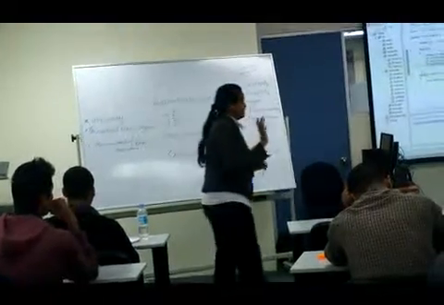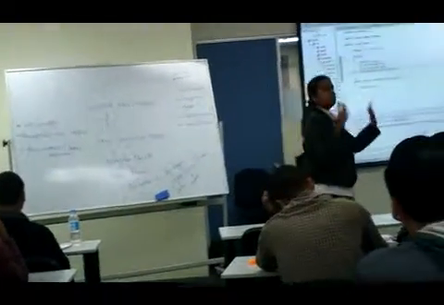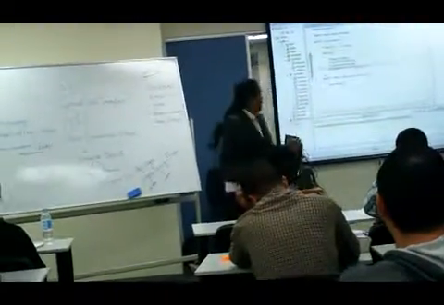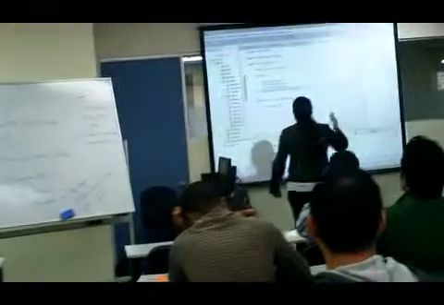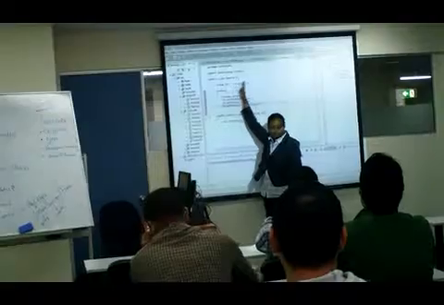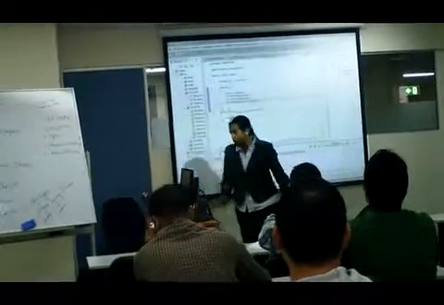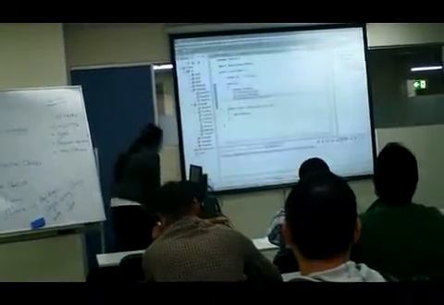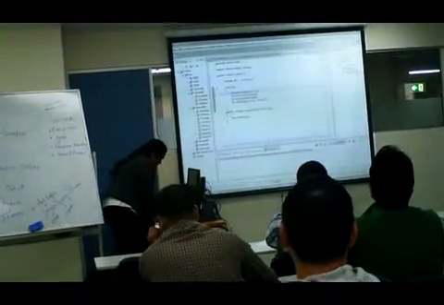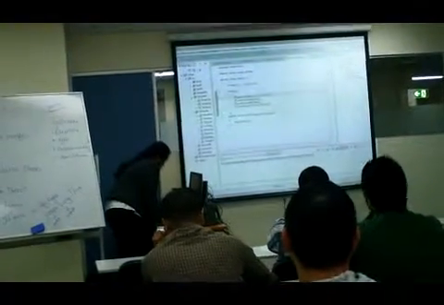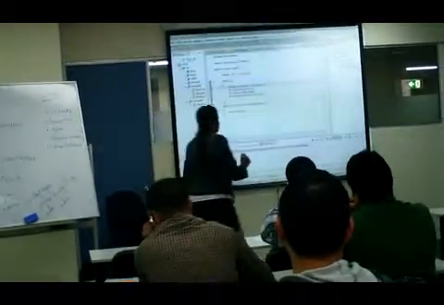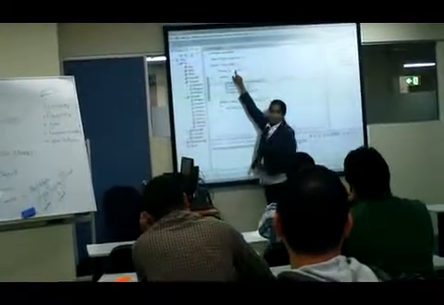Okay, let me be clearer, even to the whole room, about what his doubt is. I divided creating the object into 2 steps. Outside the constructor, I created the reference. Then in the constructor, I initialize it. So his question is why we did this. Why don't we put this here?